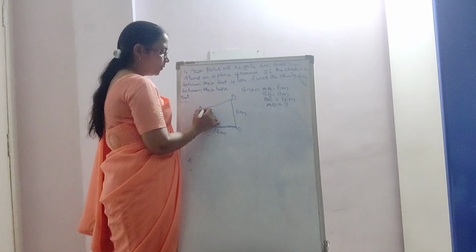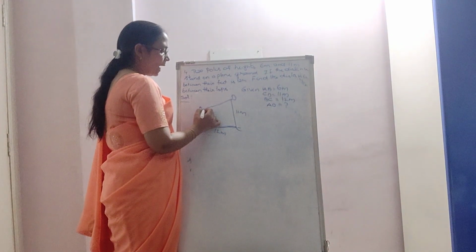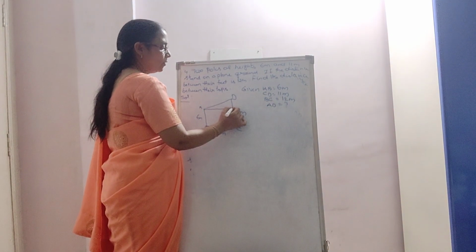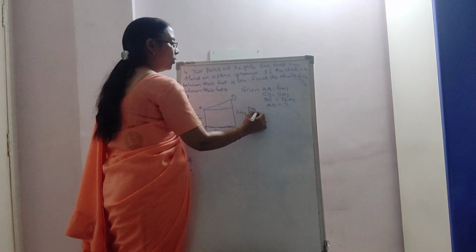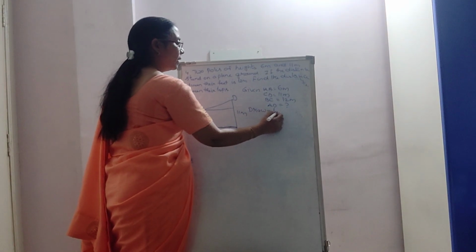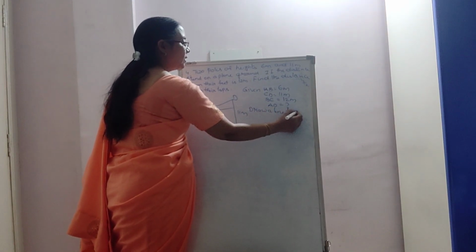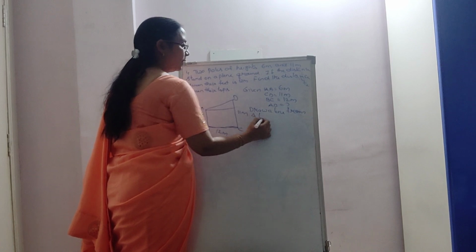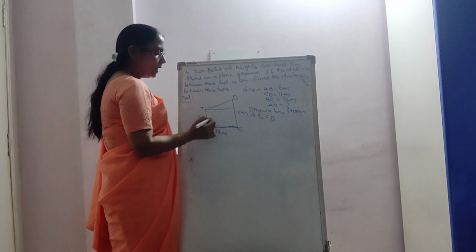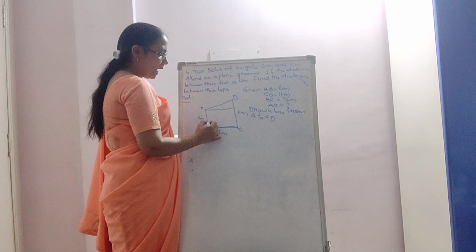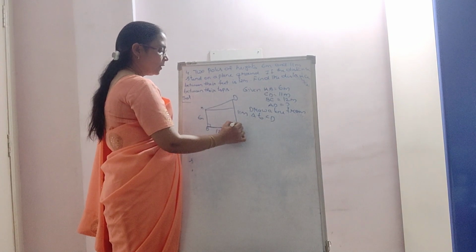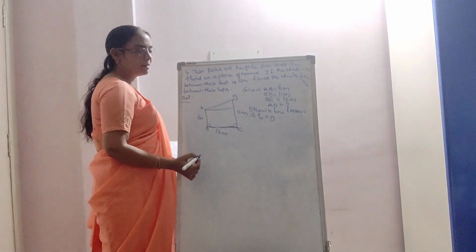So for that, we will draw one more line from A to CD. Draw a line from A to CD. When we are drawing, these two are standing on the base, so these two angles are 90 degrees.